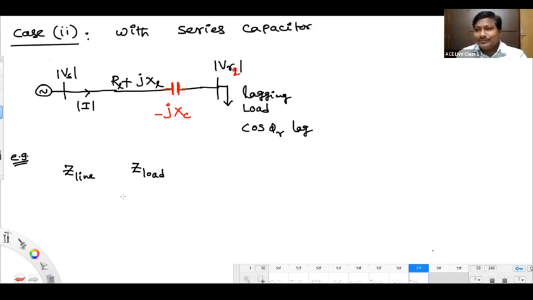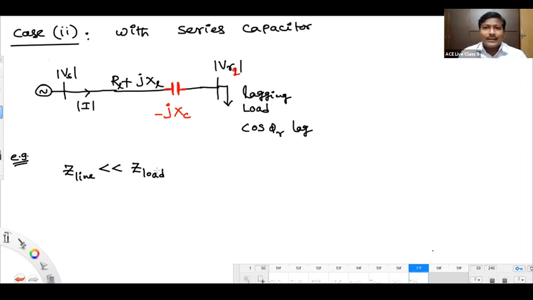Practically speaking, how will the line impedance value compare to load impedance? It's very, very less, right? The line has very, very less impedance compared to the load impedance. So please listen kindly, don't confuse.